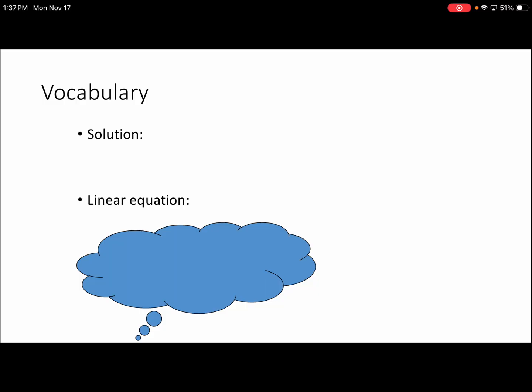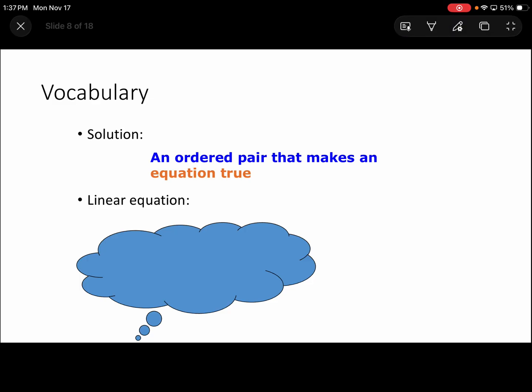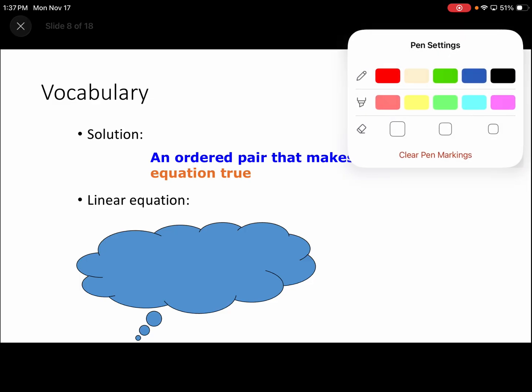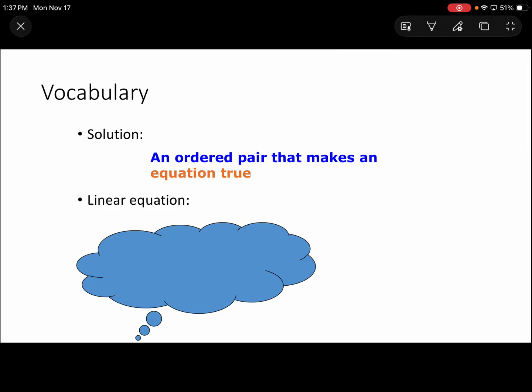And what is a solution? We are going to be finding solutions over the next few weeks. And that is going to be an ordered pair. And it's important that we understand it's an ordered pair because anytime I'm working with a variable with 2 letters, the only way we're going to get something that's a solution, it's going to be an ordered pair that makes it true.